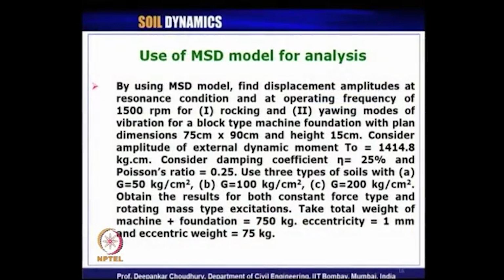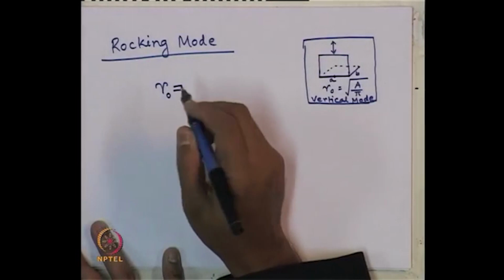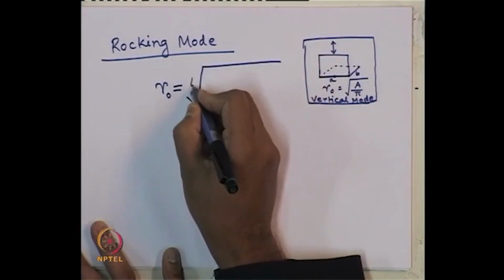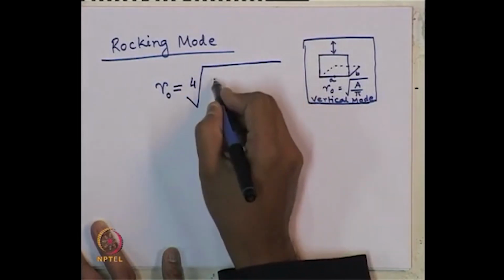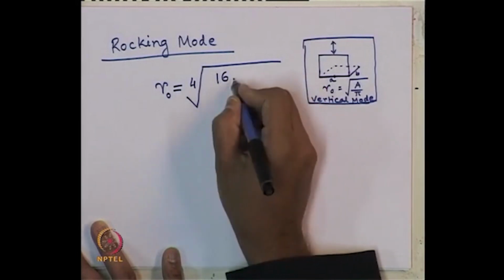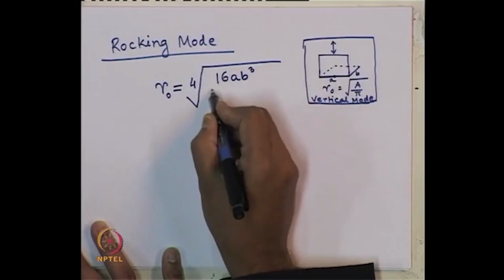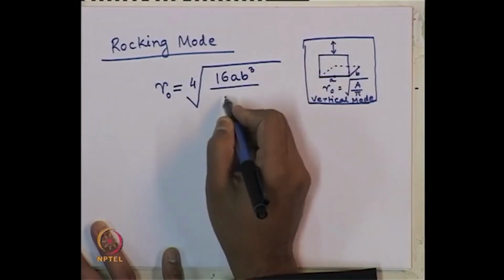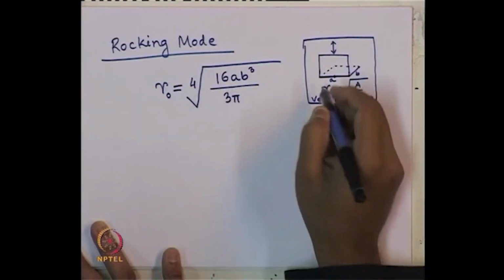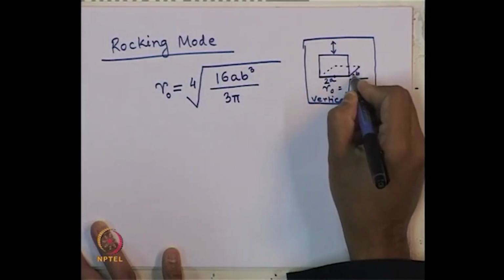So, in this case, what we are finding out, the R naught should be by equating the area moment of inertia. So, the formula gives us 16 a b cube by 3 pi, where this dimension is 2a, this dimension is 2b.